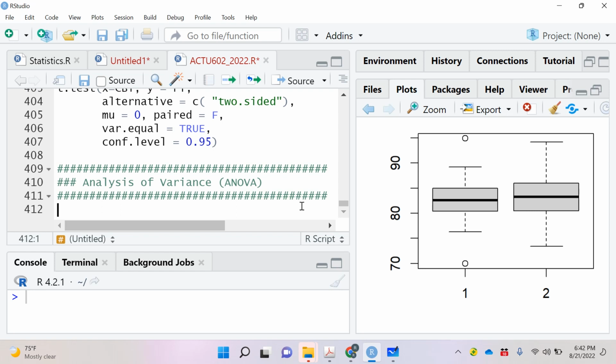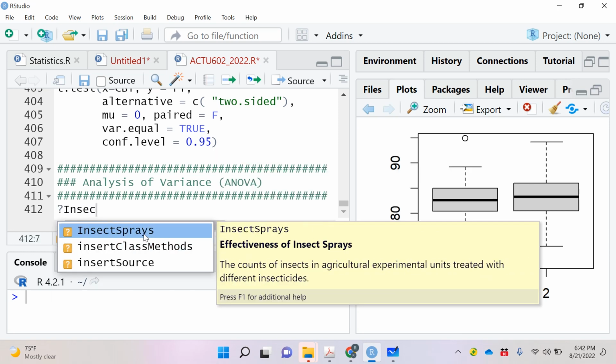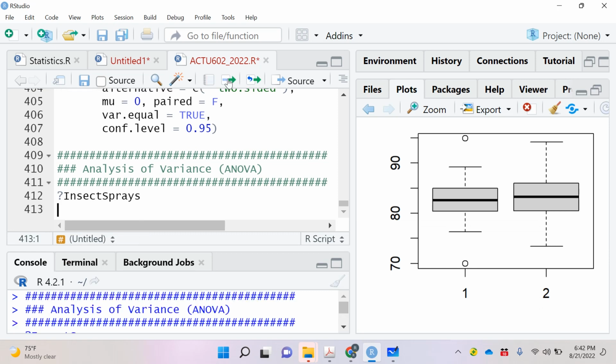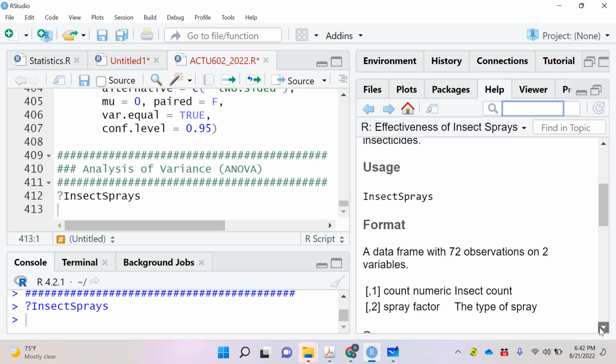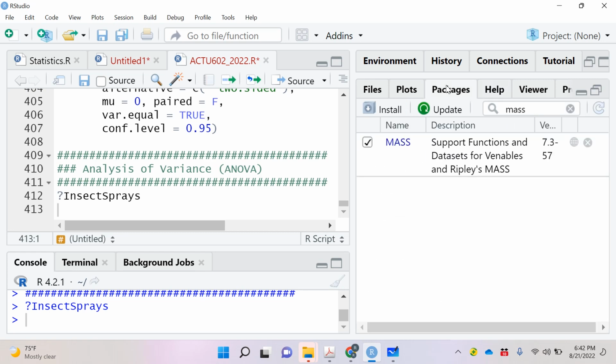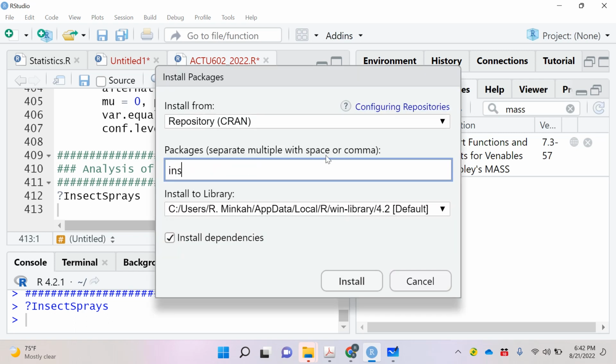So now let's look at the insect sprays data. Please read about it. Have we installed this package? Is it the insurance data also?